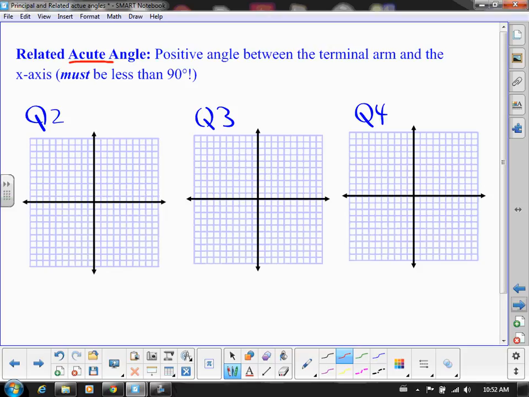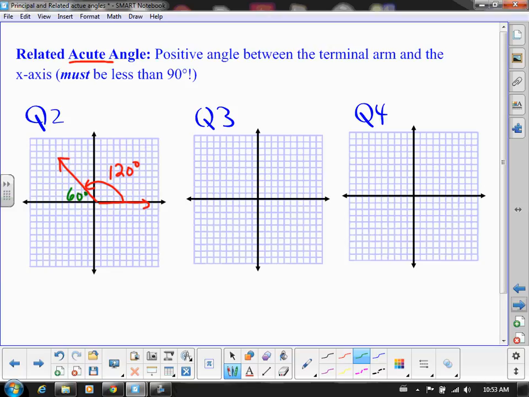So in quadrant 2, for example, let's draw an angle of 120 degrees. I'm starting here on the positive x-axis and I'm rotating 120 degrees. The related acute angle in this particular example is 60. Now, how did I come up with that?